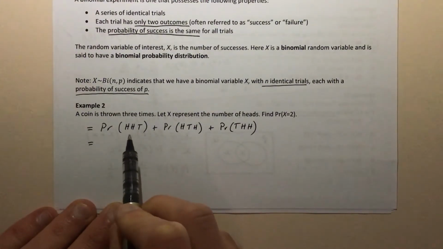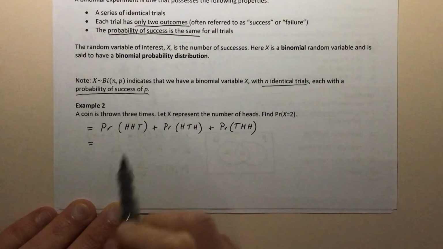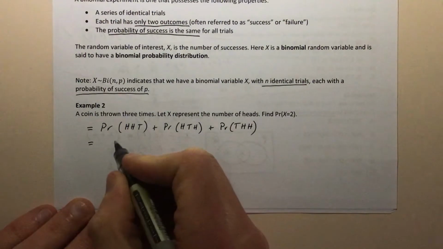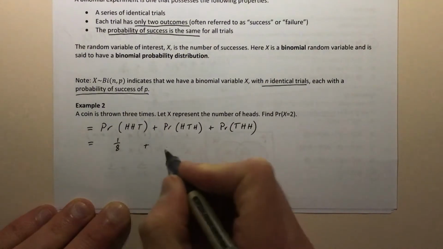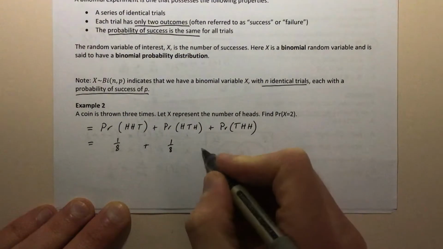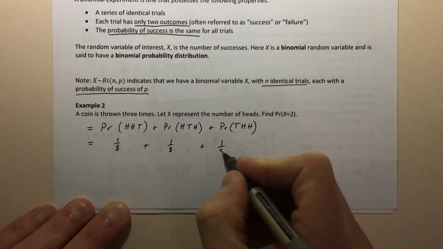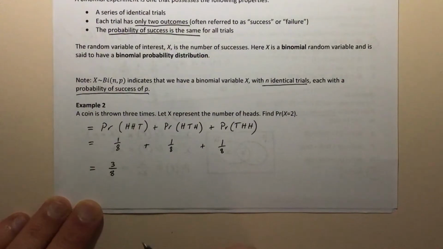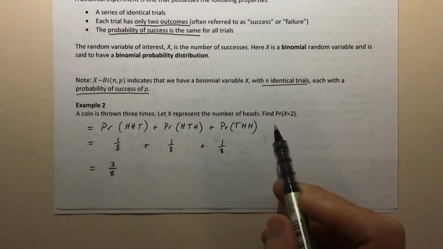So the probability of heads, heads, tails would be a half times a half times a half. Same with heads, tails, heads. Same with tails, heads, heads. So it's really 1/8 plus 1/8 plus 1/8, which gives us 3/8.